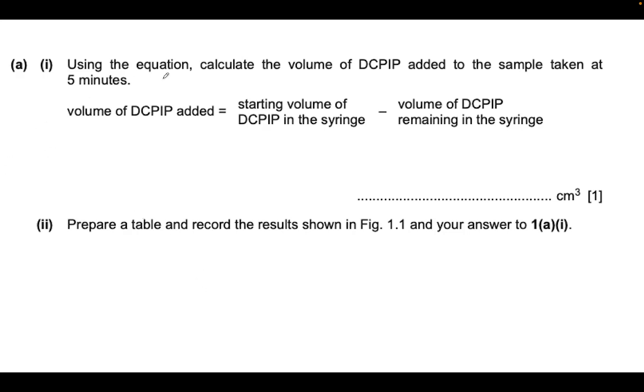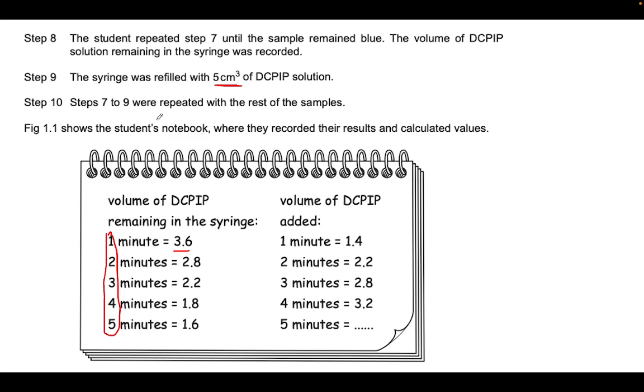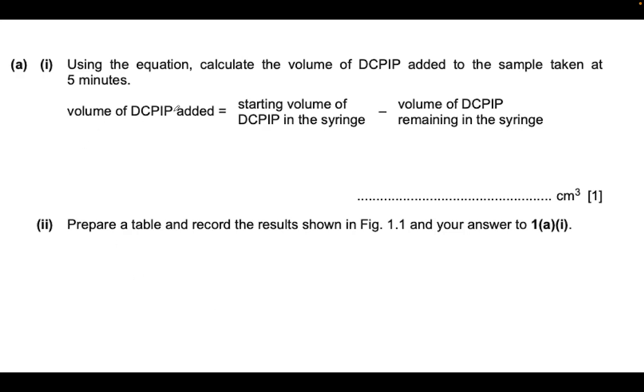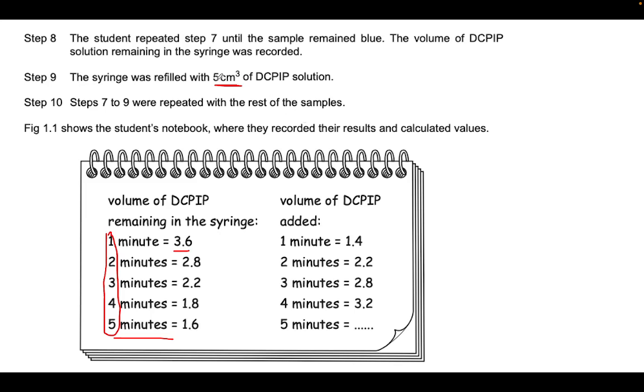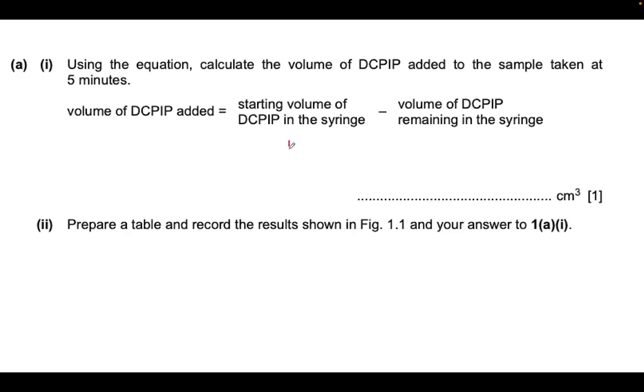Now, using the equation, calculate the volume of DCPIP added to the sample taken at 5 minutes. At 5 minutes, we can see it is here. The volume of DCPIP added is the starting volume of the DCPIP in the cylinder minus the volume remaining. The starting volume is always 5, because the moment you use it, we always refill and go back to 5.